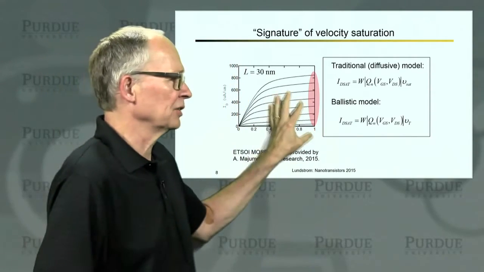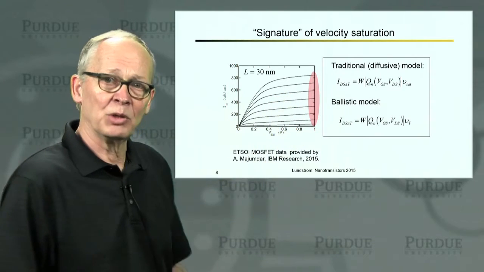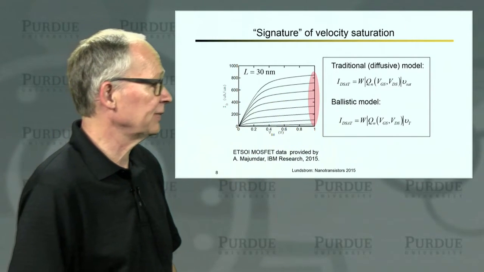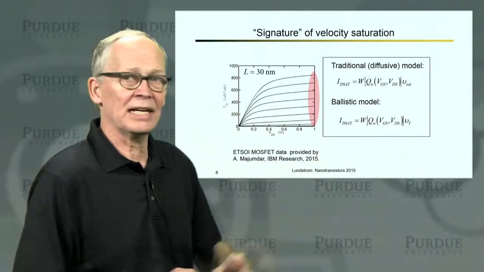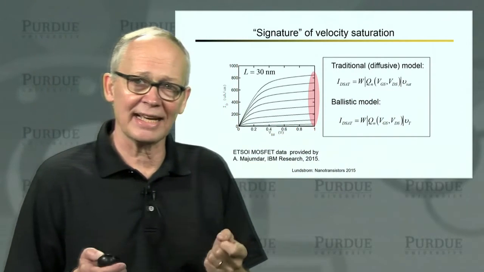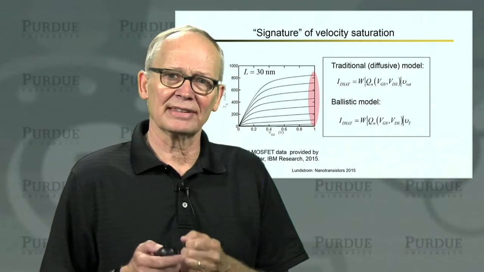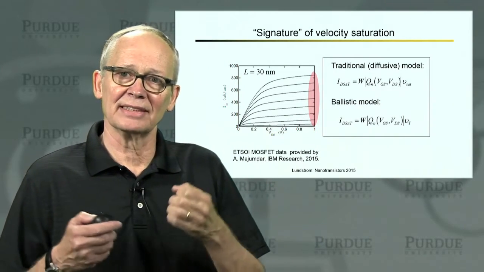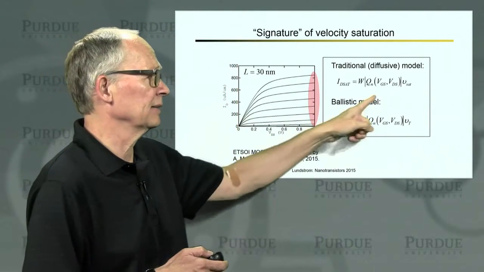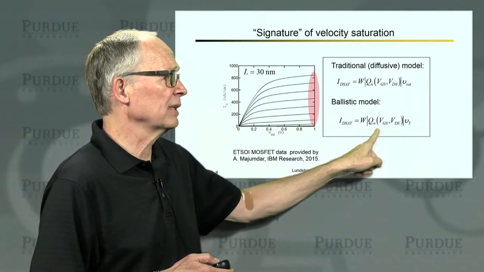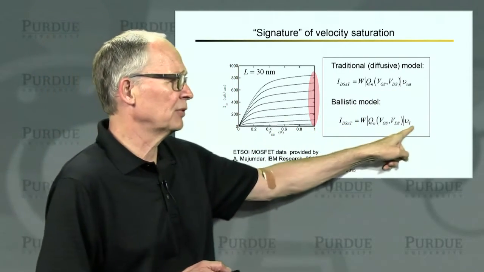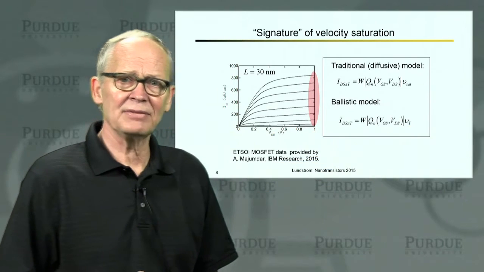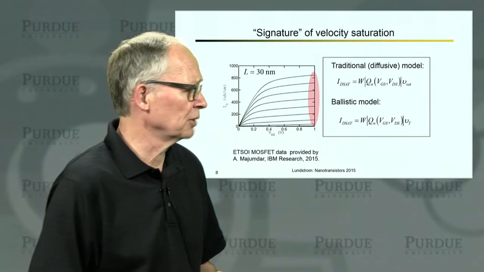So that's our signature of velocity saturation when we measure the characteristics of a MOSFET. In the traditional diffusive model, that saturation occurs because of all of the scattering. It's the high field saturation velocity of electrons in bulk silicon. We just apply it to this small device. In our ballistic model, we have an equation that is almost identical, but we have a different velocity. And that velocity is the unidirectional thermal velocity.